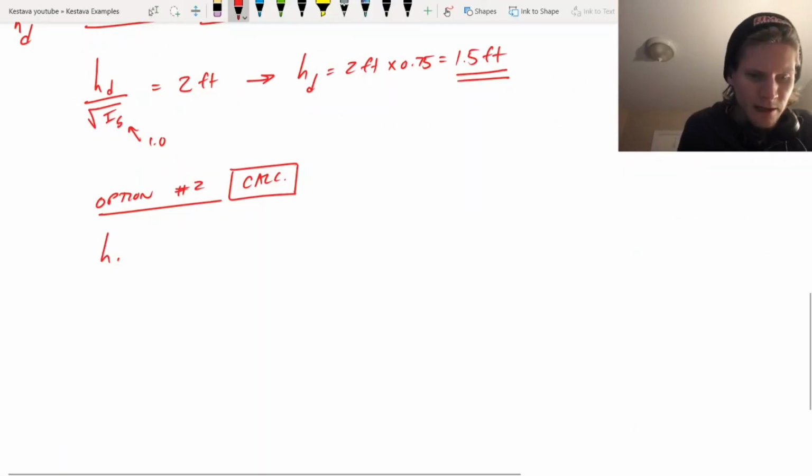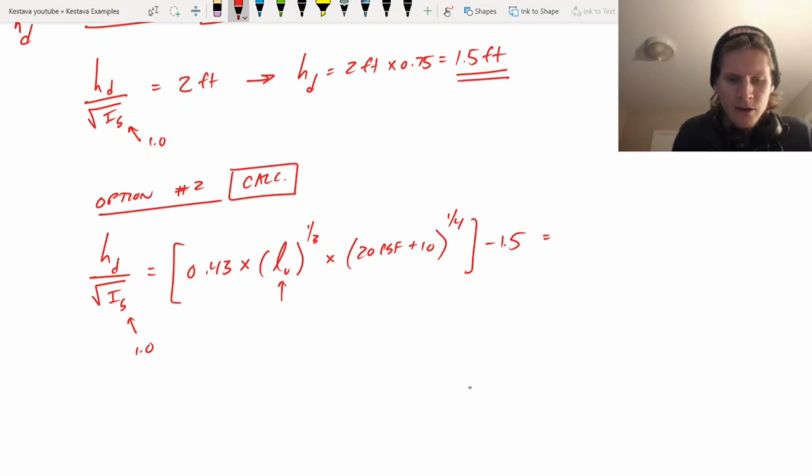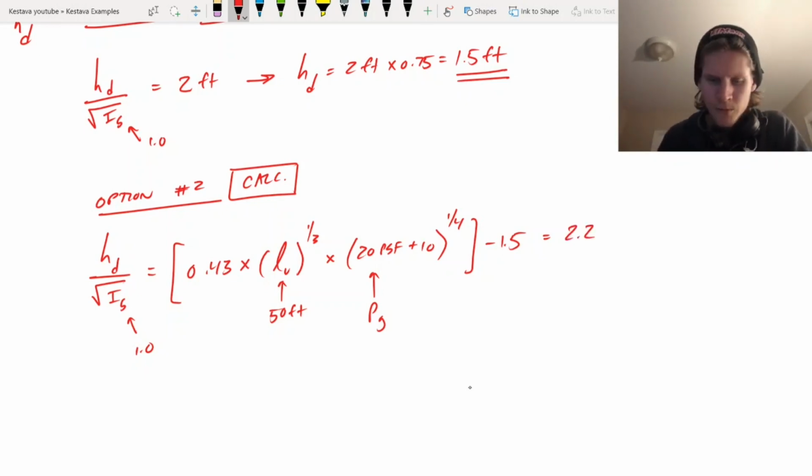So we have h_d over the square root of I_s, which is just equal to 1.0, is going to equal l_u, which we know is 50 feet, and p_g, your ground snow load, so 20 psf, and all of that equals 2.2.